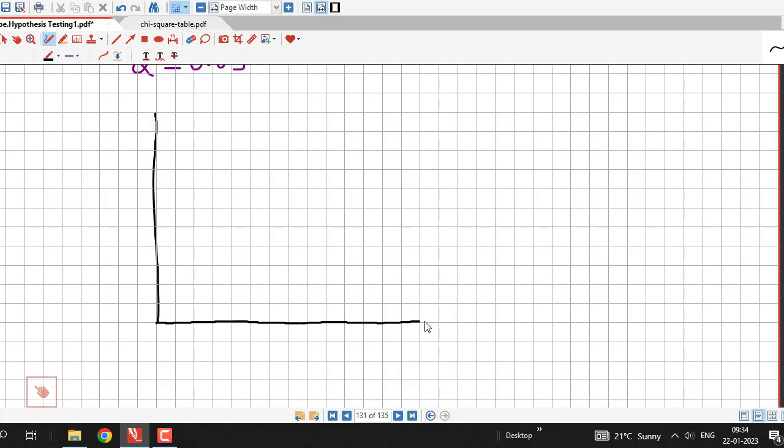We are familiar with chi-square distribution now. It is never negative and its graph has positive skewness towards the right hand side. So suppose approximately this is the graph of chi-square distribution, and we are interested in the upper tail here.